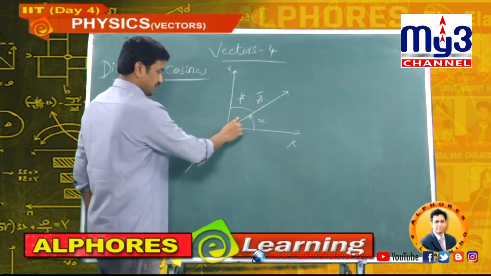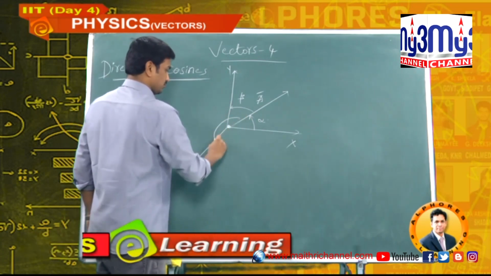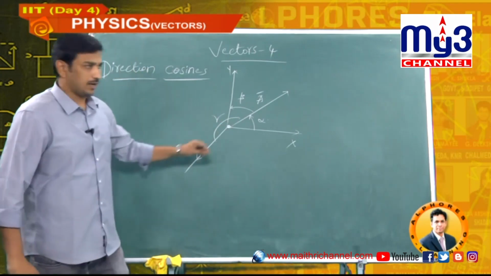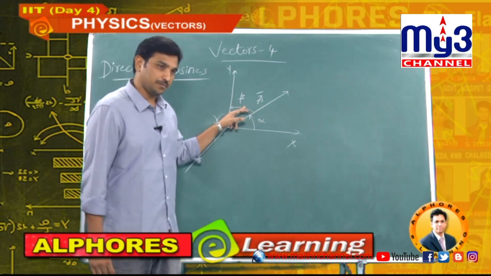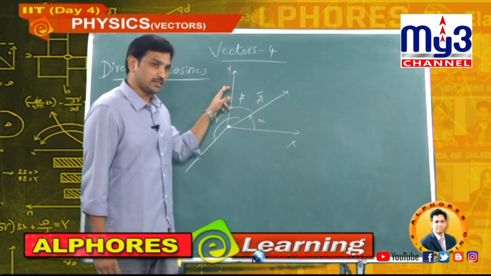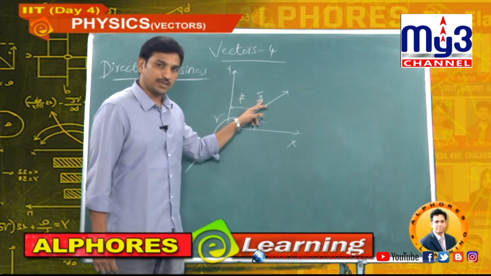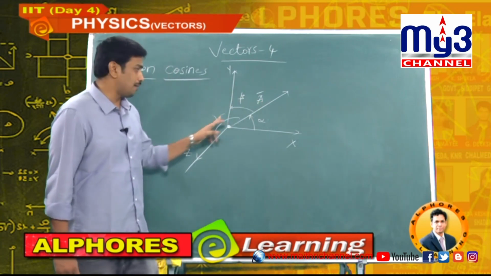With the z axis, gamma. Our vector with the x axis has an angle of alpha, with the y axis it has beta, and with the z axis it has gamma.